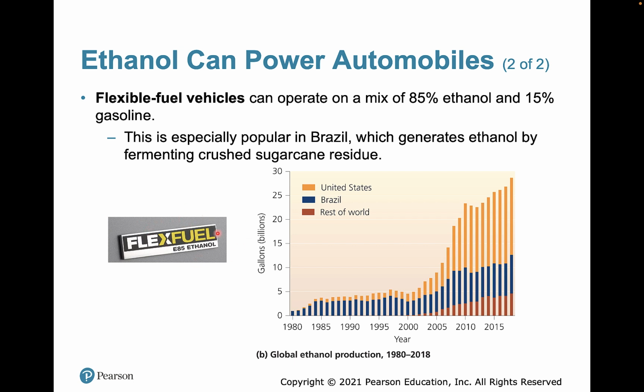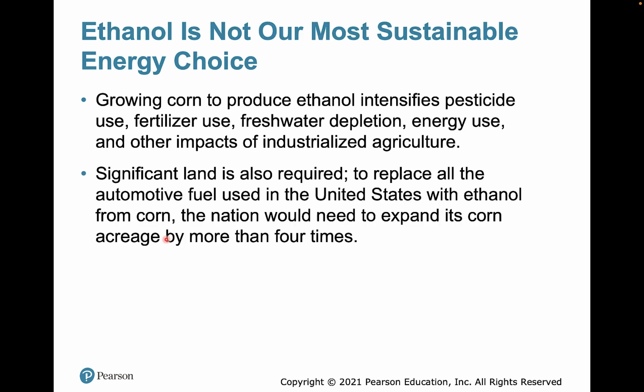Here's what you see, okay? Flex fuel vehicles can use 85% ethanol and 15% gasoline, right? So it reduces a lot of the carbon emissions that come out of tailpipes in the flex fuel lines. And they do it a lot in Brazil, where they take sugarcane residue and create ethanol.